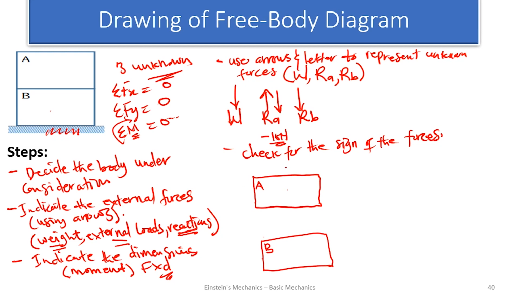So weight is a force. So the weight of block A is coming down. And we should use arrows and letters to represent the unknown force. So I'll just use weight of body A. Remember, body B also has weight. And it will also come down like this. Weight of body B. Are we good?